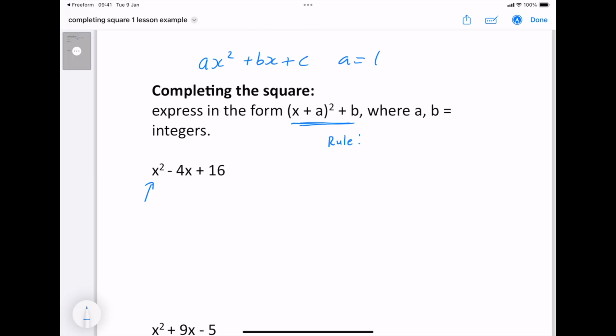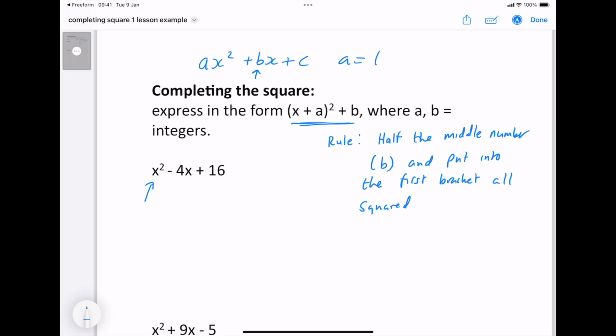So what you have to do is you have to half the middle number. The middle number, by the way, is that one, b, and put into the first bracket all squared. So that's the first thing you have to do, is you have to half the middle number and then put into the first bracket all squared. So that's this bit. And then in the second part, you have to expand the bracket.